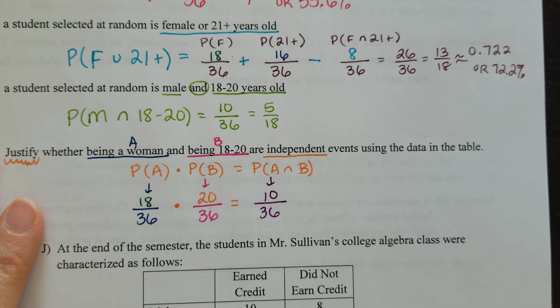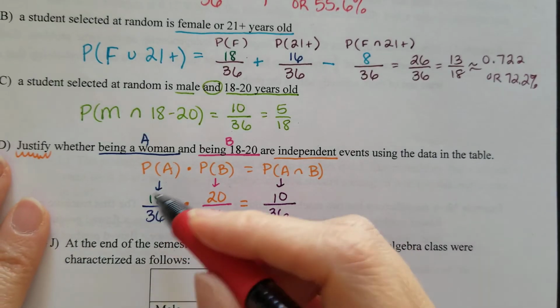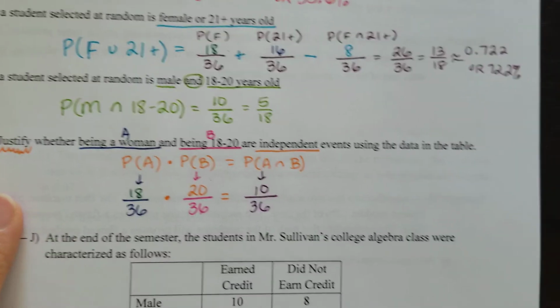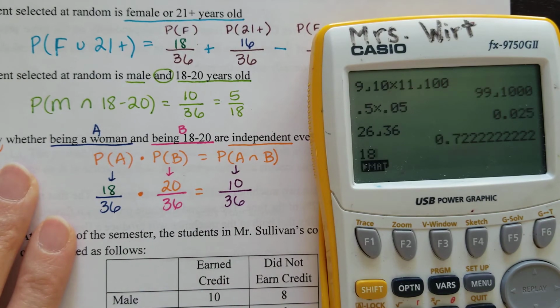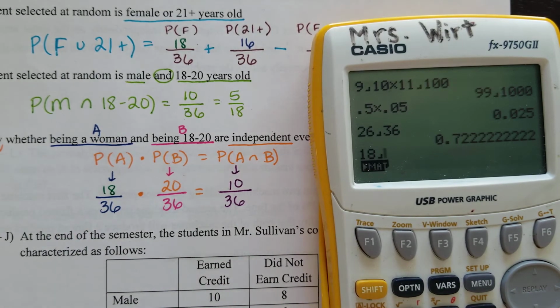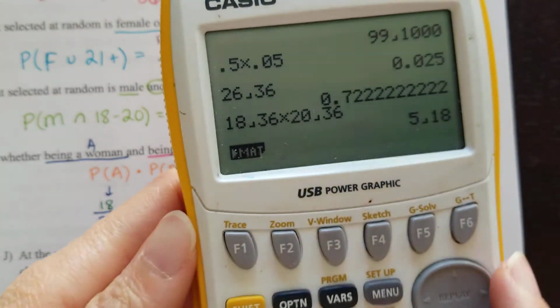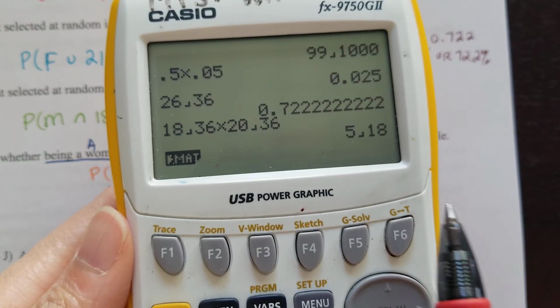So if I was to put this into a calculator, the left side, I'm not going to even mess with the right side now, but if I was to put 18 over 36 times 20 over 36 in my calculator, and make sure you guys can all see this, what I get is the reduced fraction of 5/18.